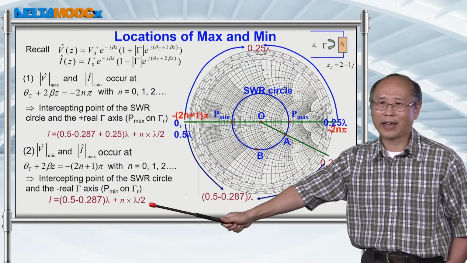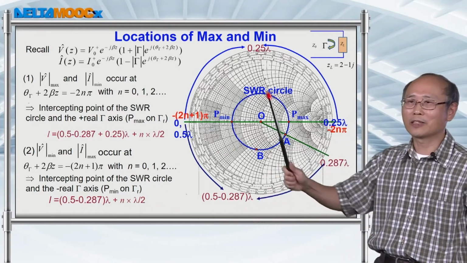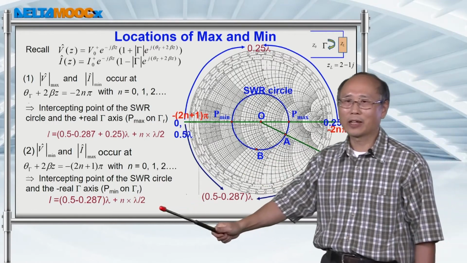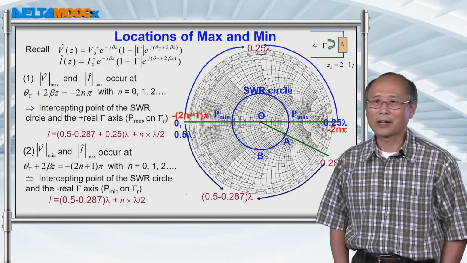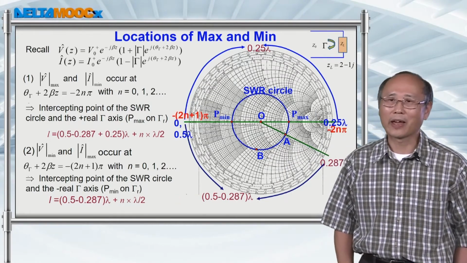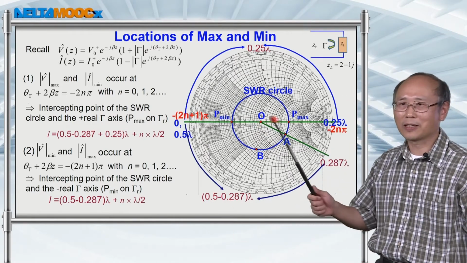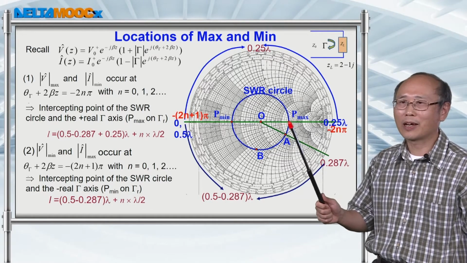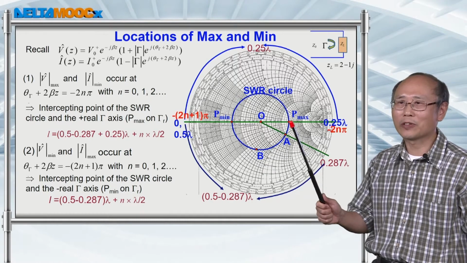And this again tells you that if you just repeat this motion on this circle, then you can continue to find the locations of the additional voltage minima and also current maxima. So a short summary is that for the SWR circle intercepting the positive part of the real axis, you will find the voltage maxima or the current minima.